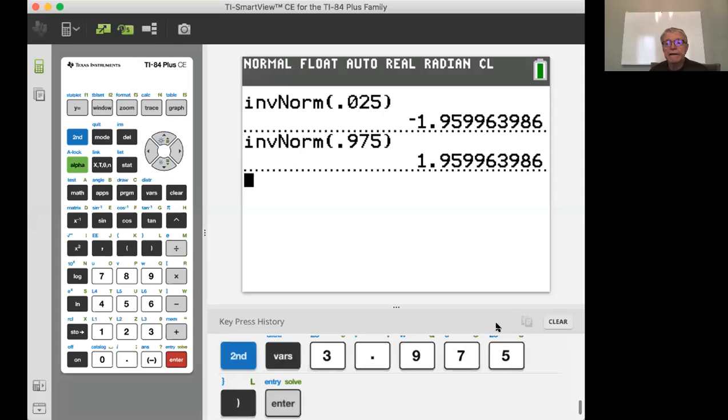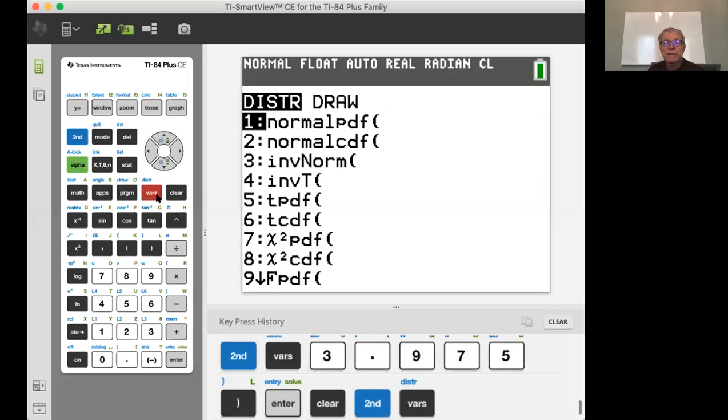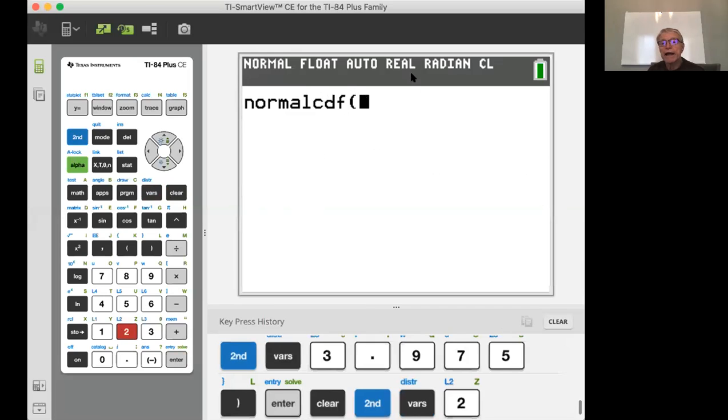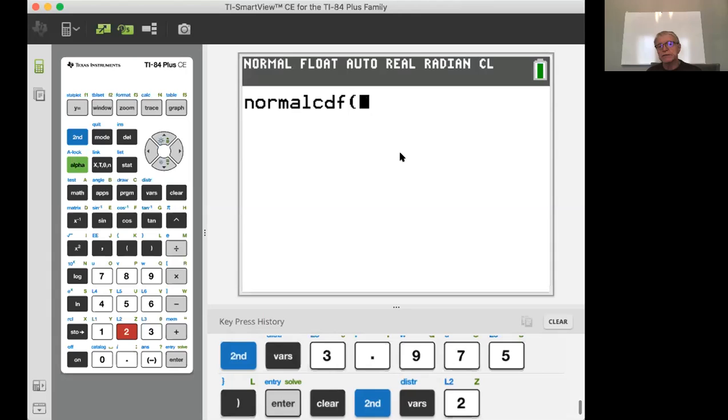So let's go find our normal CDF there, and let's clear this. And remember, to find the normal CDF, we're going to go second, vars, number 2. Normal CDF requires that we have a lower bound and an upper bound. Since we're finding the area to the left, we're going to go from negative infinity up to the test statistic.